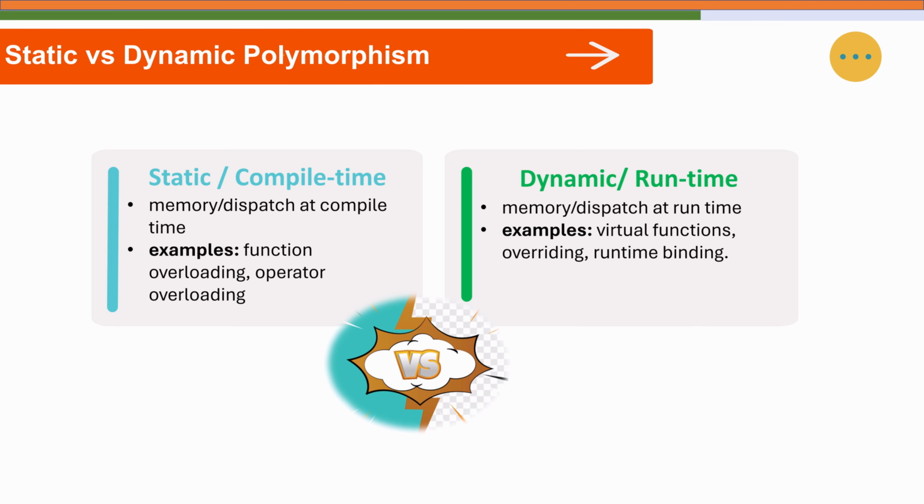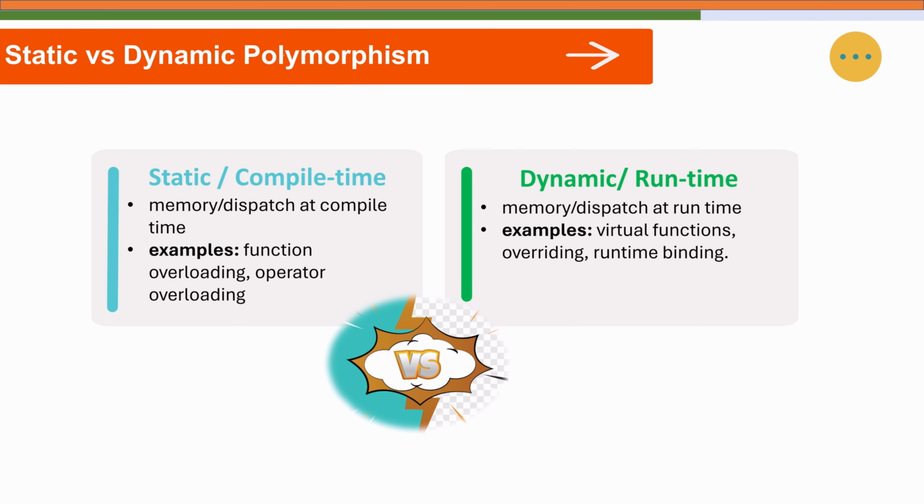Suppose we don't know at compile time which specific kind of shape each element in the list will be. If we relied only on static polymorphism, we would have to write separate functions or use complex conditional statements like a giant if or switch to check each shape type. That would make our code rigid, repetitive, and hard to extend when any new shape is to be added.